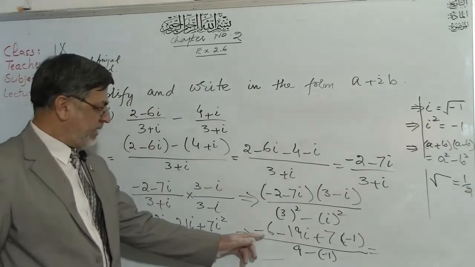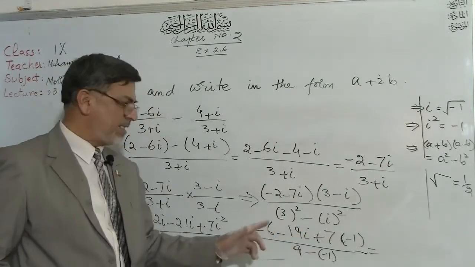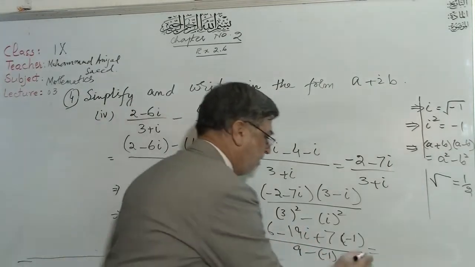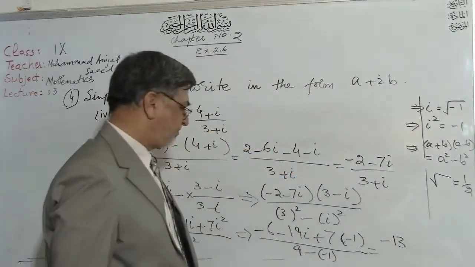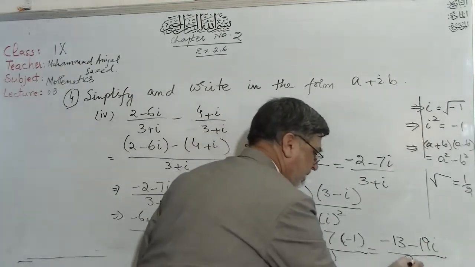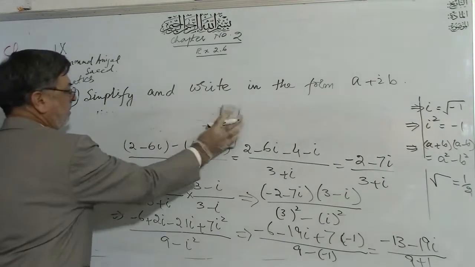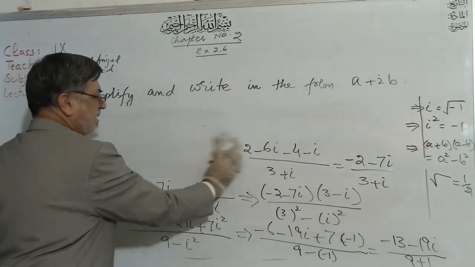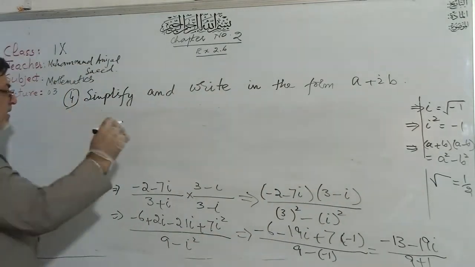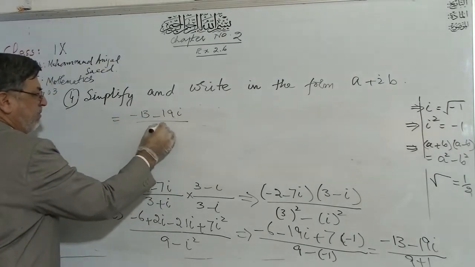Look at that. Here is minus 6 and minus 7. They are constants, they are real numbers. If they are added, they have the same sign. Minus 7, minus 6, minus 13. Then minus 19 iota divided by 9 plus 1. So minus 13 minus 19 iota divided by 10.